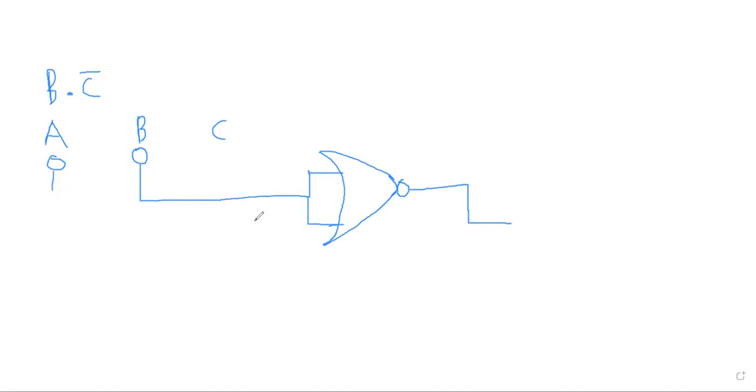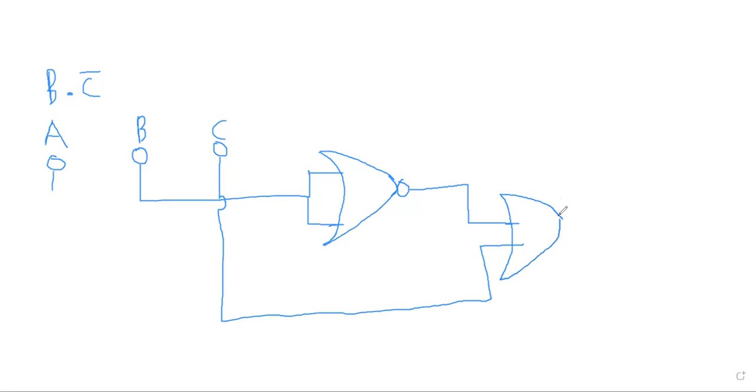Then we have C bar, so B dot C bar. So you take this C down, and the output is going to be Q. So this is the logic circuit.